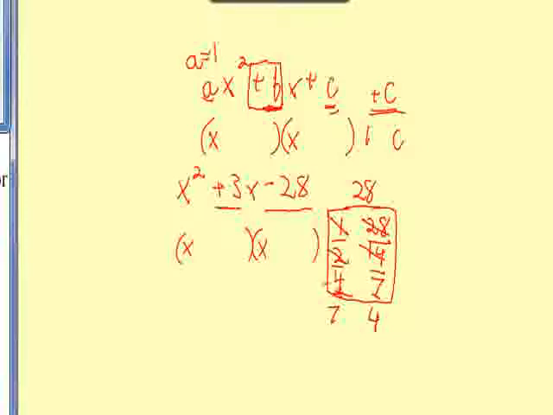So if I put a negative 4 here and made this a positive 7, those are two numbers that multiply out to be negative 28 and add up to positive 3. So I'm going to just write that in. Minus 4 plus 7. And that's our answer factored right there.